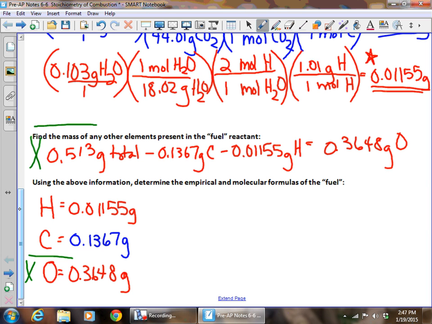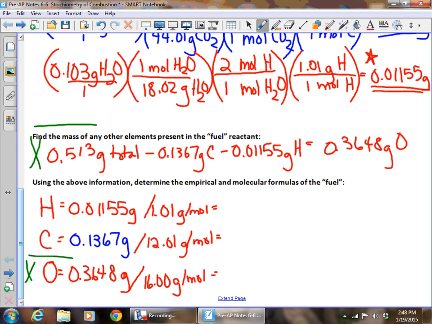Now, if you remember from our empirical formulas problems, we're going to divide all of these by their molar masses so that we can get these in terms of moles. So 1.01 grams per mole for our hydrogen, 12.01 grams per mole for our carbon, and 16.00 grams per mole for our oxygen.